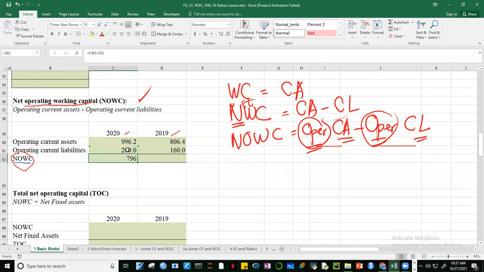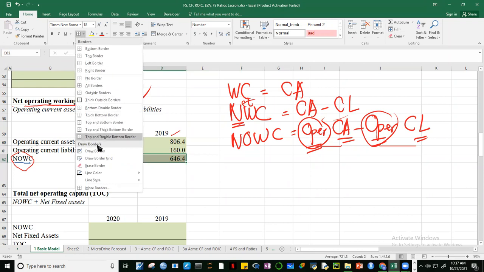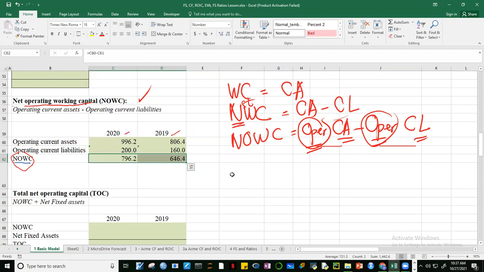Again, I'm going to copy the format of this one. 1 decimal place. Okay, any questions so far, guys?